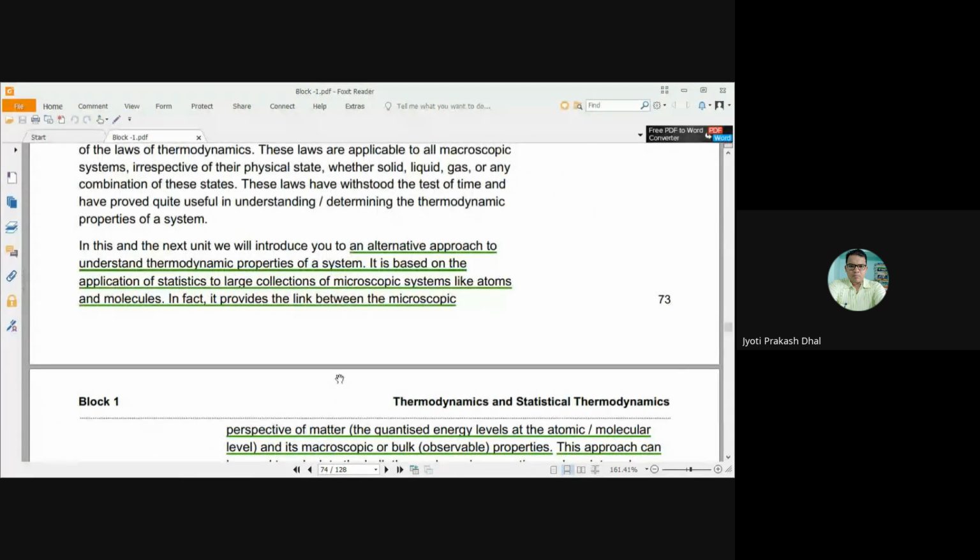Here in the introduction part, you will be introduced to an alternative approach to understand the thermodynamic properties of a system, whatever you have studied from your intermediate level and graduation level.